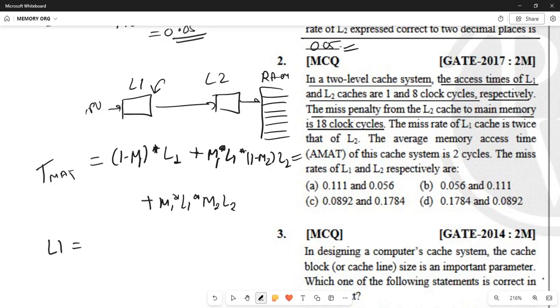Miss penalty means it has already missed, which means a hit did not happen.